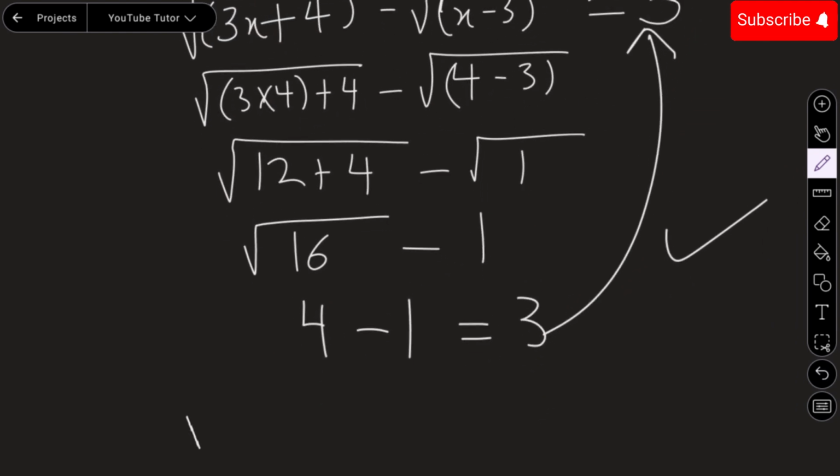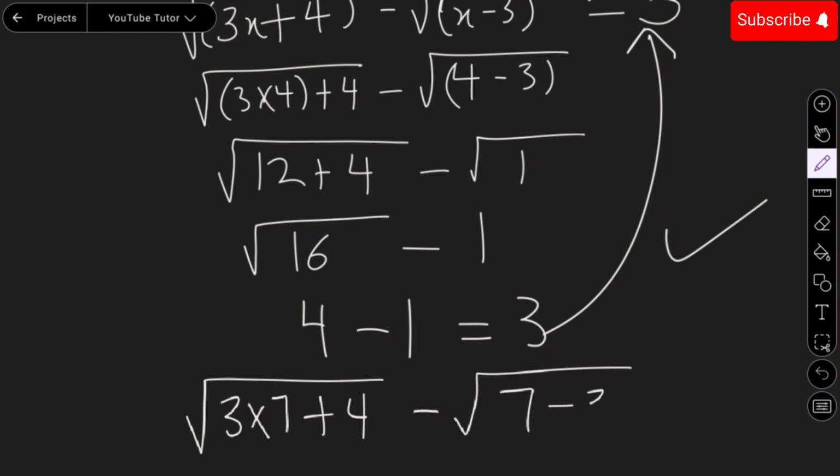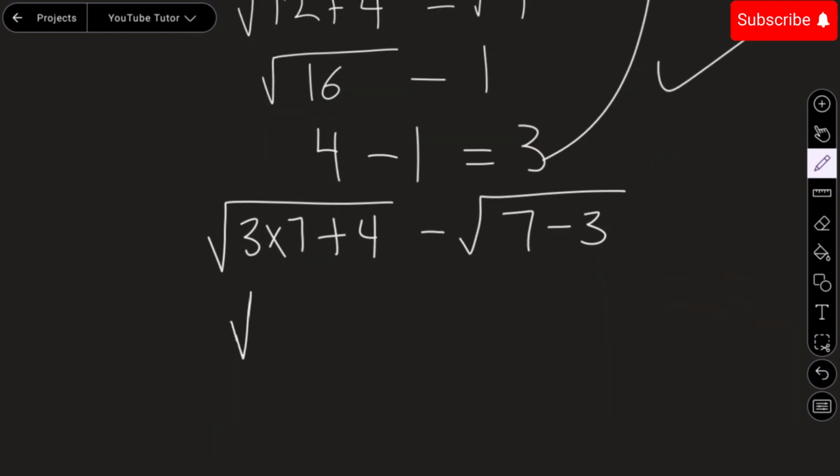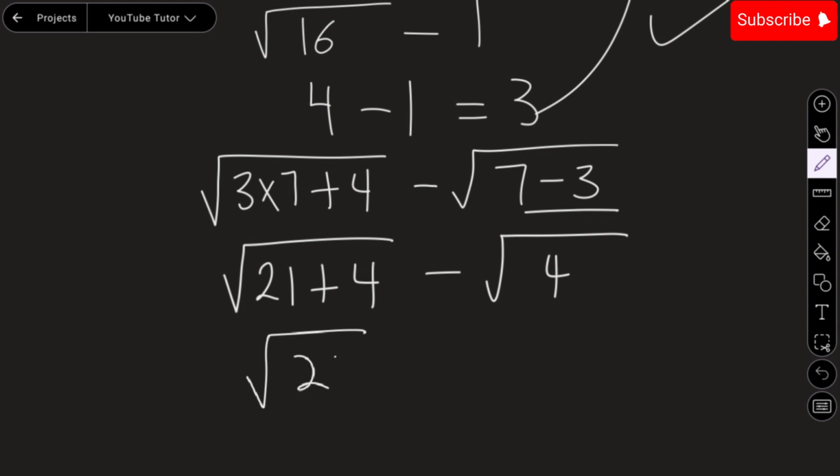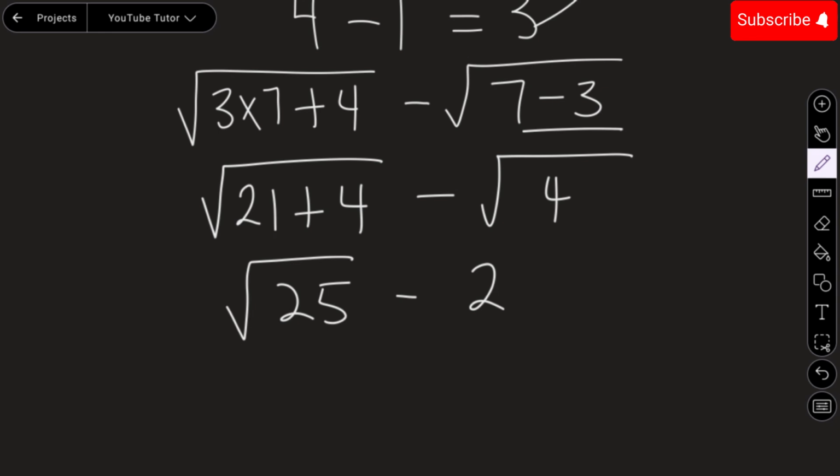Now when we are using 7, we can just do it this way too. 3 times 7 plus 4 minus root of 7 minus 3. Now we have 21 plus 4 minus root of 7 minus 3 gives us 4. So we have root of 25 minus root of 4 gives us 2.